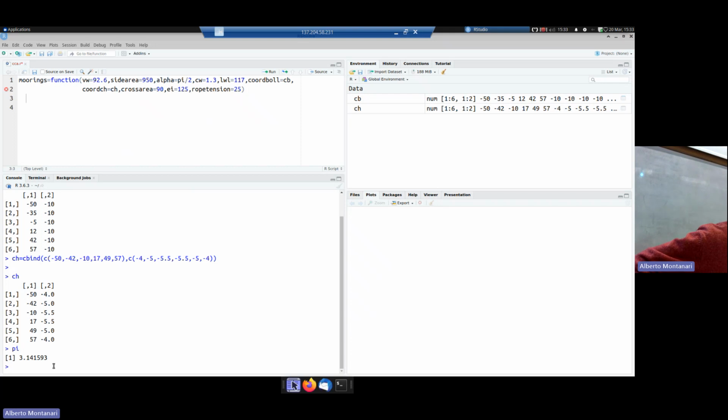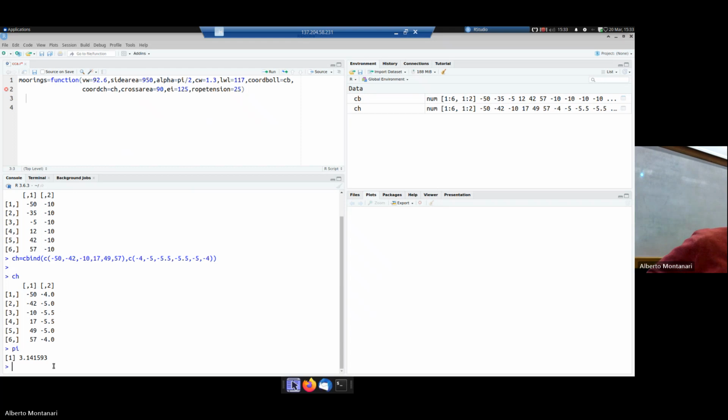I gave a default, which is CB, coordinates of the chocks, cross area, and eccentricity and drop elasticity module and drop tension, because this function allows me to compute not only the wind forcing, but also the decomposition. Good.